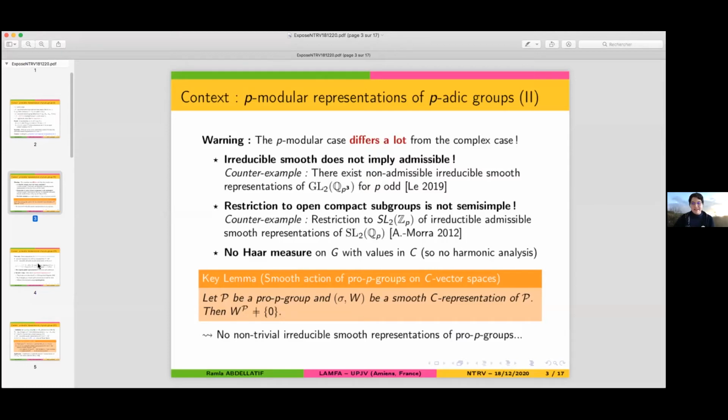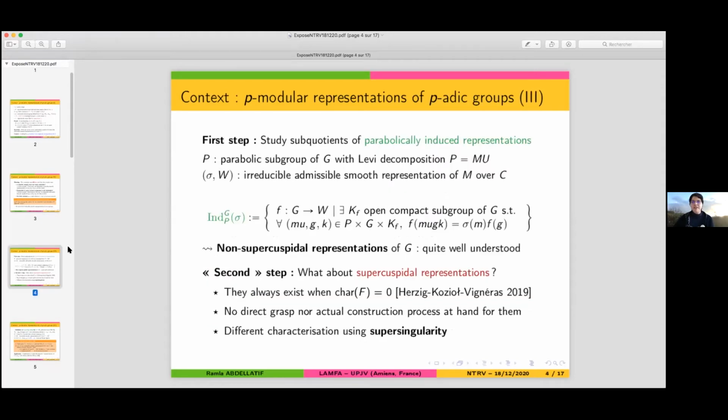But something that doesn't change is that you can always start from the beginning, which is to look at parabolically induced representations, okay? So you take a parabolic subgroup of G, so you fix a Levi decomposition. U here is the unipotent radical, and you take an irreducible admissible smooth representation sigma of this Levi factor.